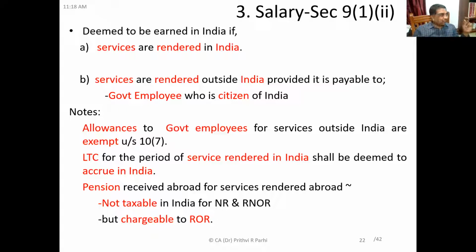Now the question comes: will that 1 month's salary be deemed to be received in India or in Switzerland? Here the answer says, LTC for the period of service rendered in India shall be deemed to accrue in India. Here it will be deemed that LTC accrues to you because of your Indian service. You have rendered services in India, so that month's salary, that LTC, shall be deemed to accrue in India.